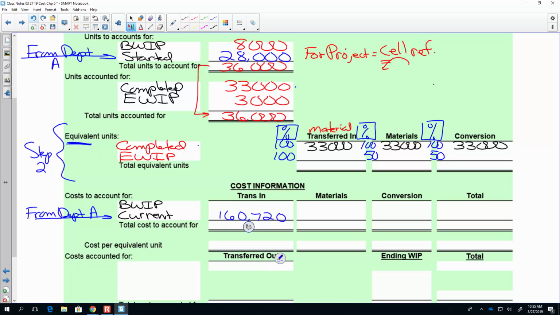That's why they're at 50. And our production supervisor says that's how far we got at the end. So on those 3,000 units, I'm 100% done for those transferred in because I'm not going to add any more. I'm only 50% done on material and labor, basically.